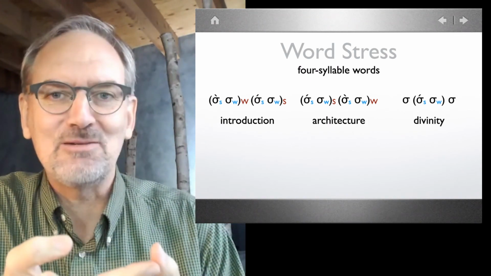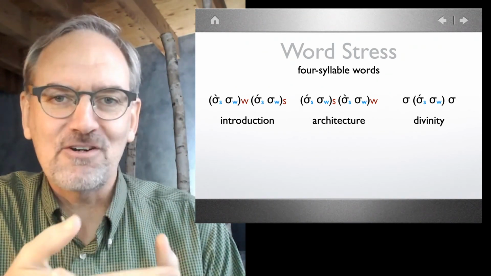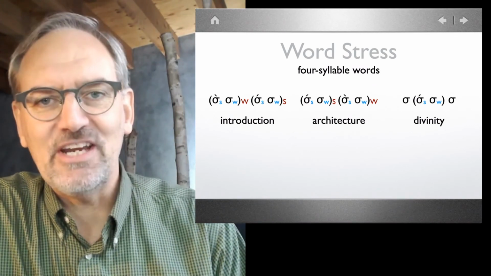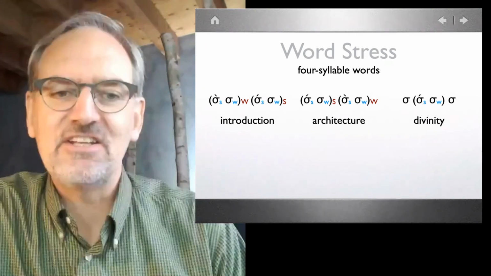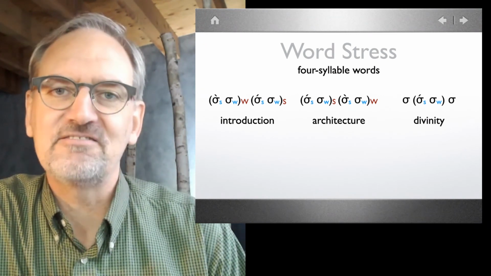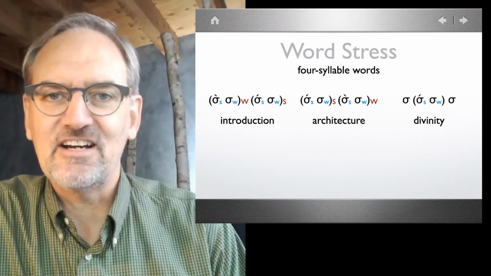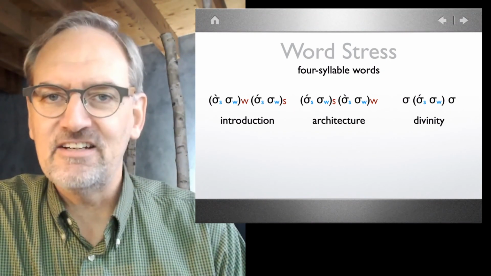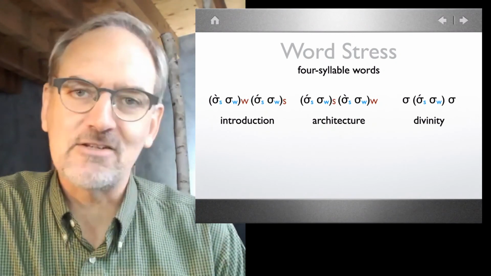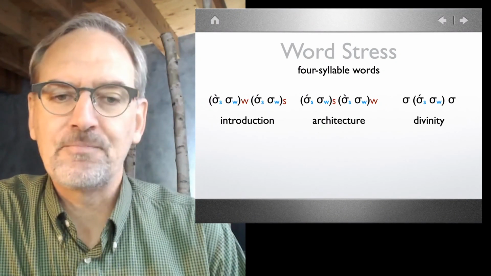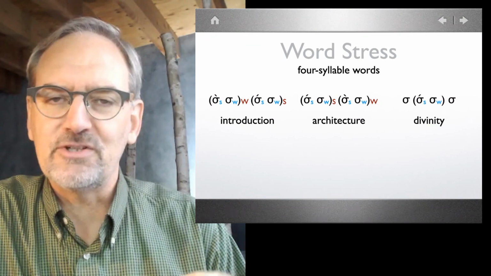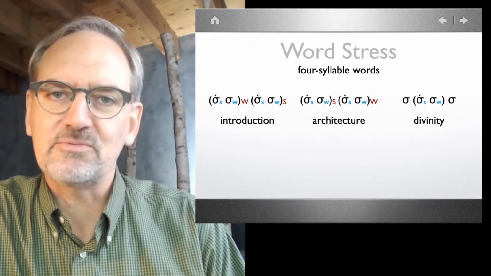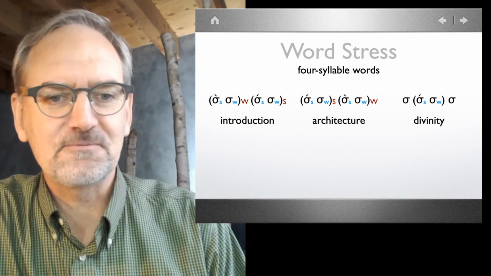It's the second syllable of the word, but the first syllable of the foot is the strong syllable in the foot, so it is the stressed syllable. Divinity, divinity. The d of the first syllable is pronounced with schwa. The n of the third syllable is pronounced with schwa, divinity. Again, the final e is not reduced to schwa because of a word final lengthening effect, but we'll come back to that later in the course.